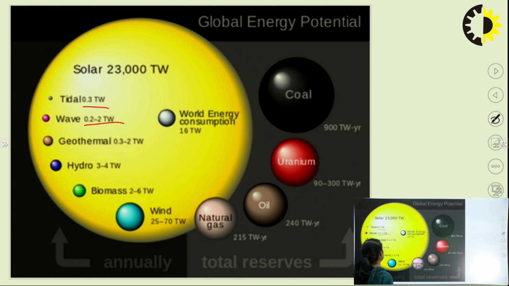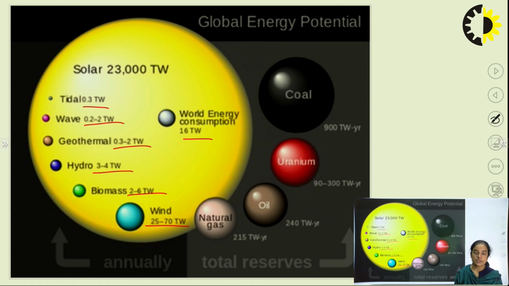For geothermal, it is only 0.3 to 2 terawatt. For hydro, 3 to 4 terawatt. Biomass energy, if harnessed, is 2 to 6 terawatt. In case of wind, 25 to 70 terawatt. Total world energy consumption is around 16 terawatt, but it is not fixed.